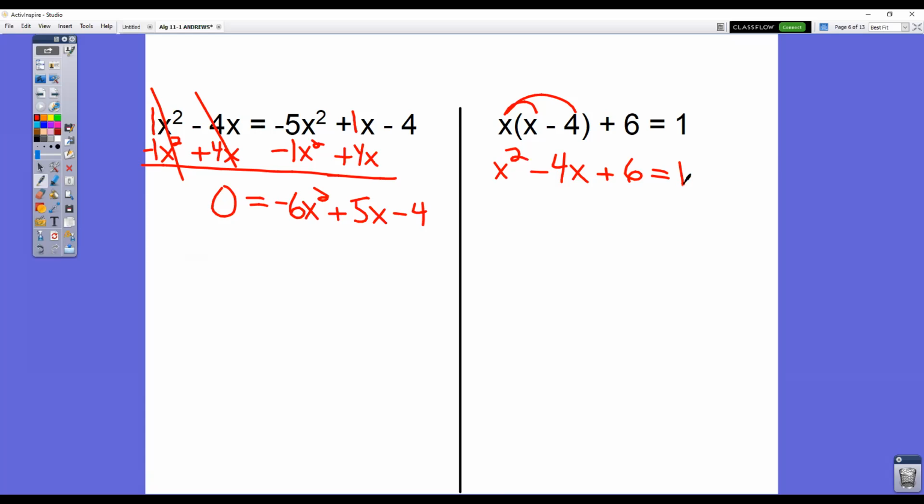I have 3 things on one side. I only have 1 thing on the other side. I would like to make my life easy and just do minus 1 and minus 1. Therefore, I can get my equals 0 on the right-hand side. Then we have x squared minus 4x plus 5.